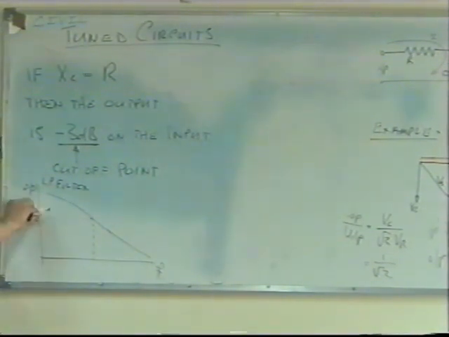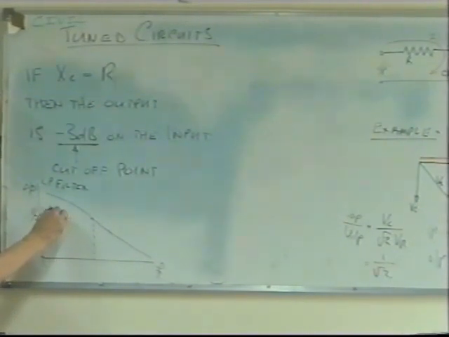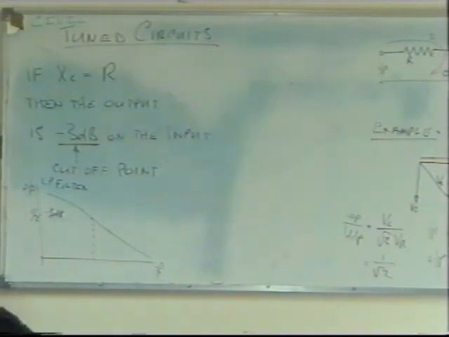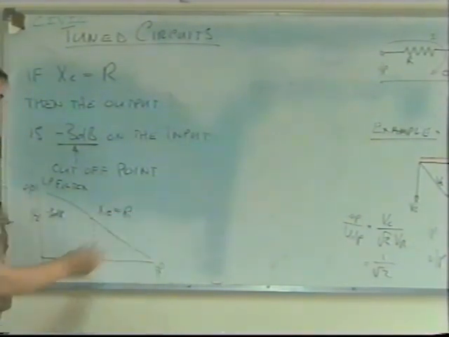So we call this the half power point, or the minus 3 dB point, means the same thing. And that's when XC is equal to R. Okay? It's called a cutoff point.